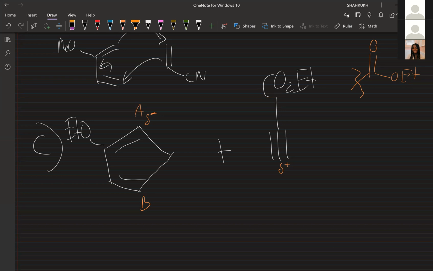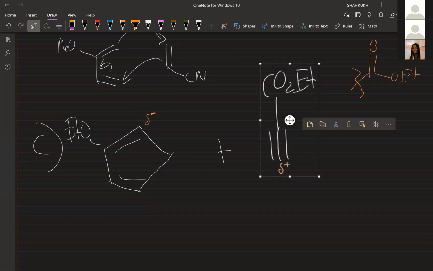So now we can just go ahead and flip this, right? The first structure, it can either be A or B, right? No, it's only A, right? Because the electron donating group is on that side. I was just writing A or B so people can pick out. Okay, so I'm gonna flip this structure.